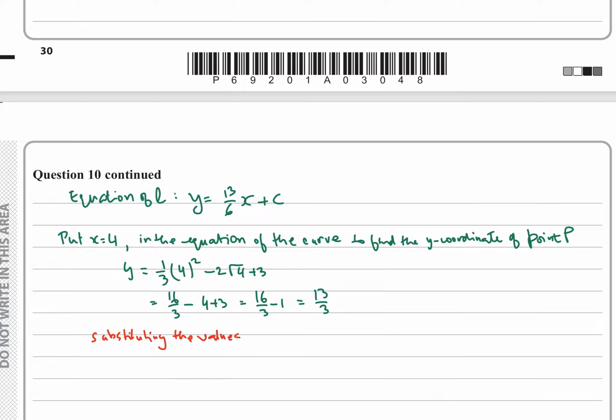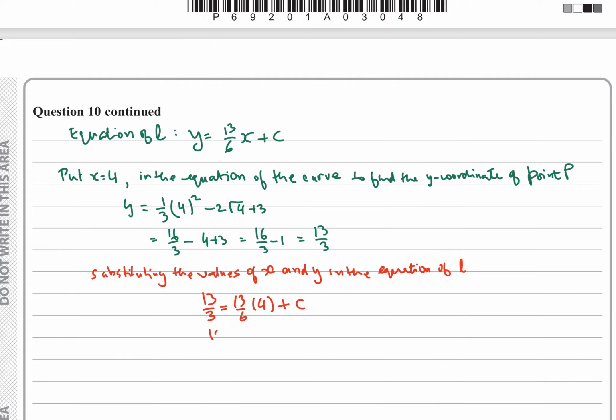Substituting the values of x and y in the equation of L, what we get is 13 over 3 is equal to 13 over 6 times 4 plus c.